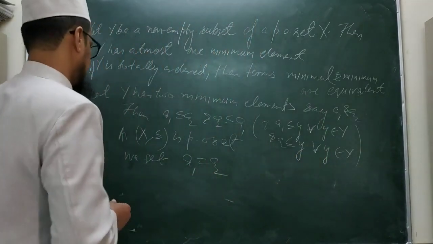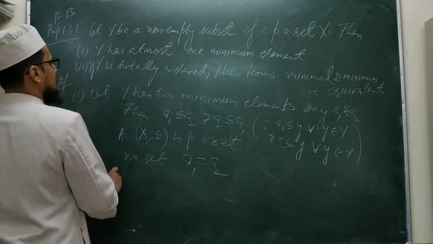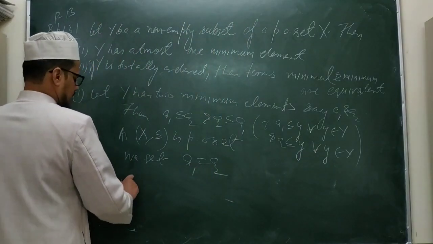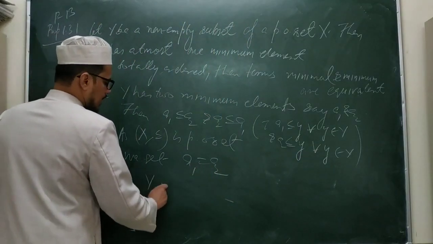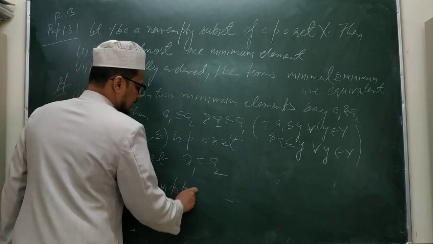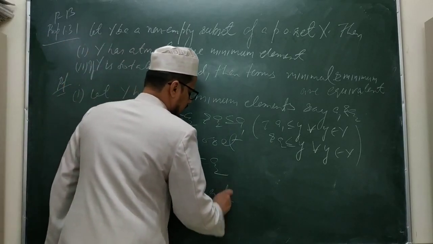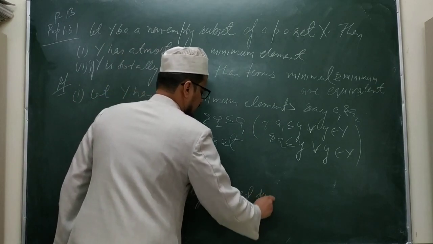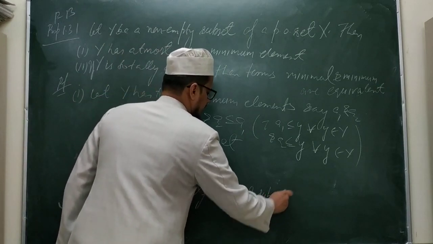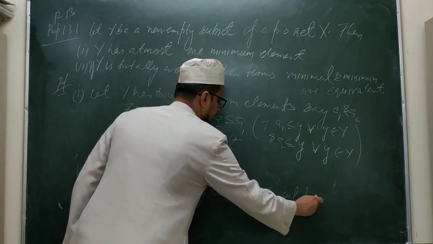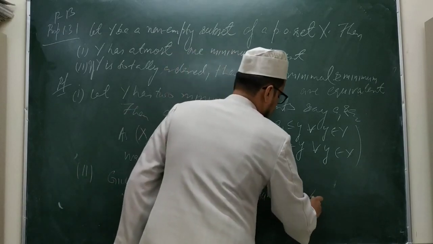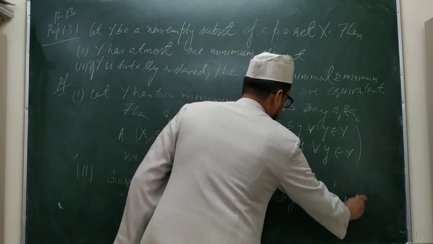That is, given Y is a totally ordered subset of partial ordered set X. Okay?